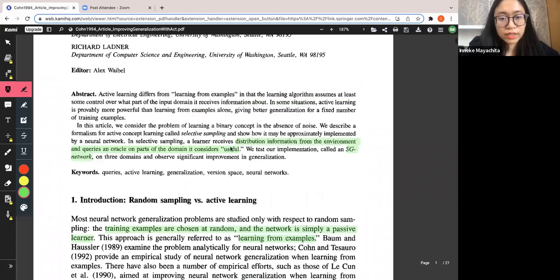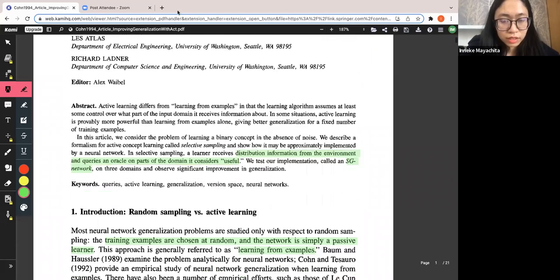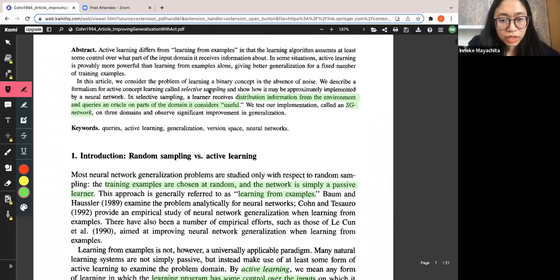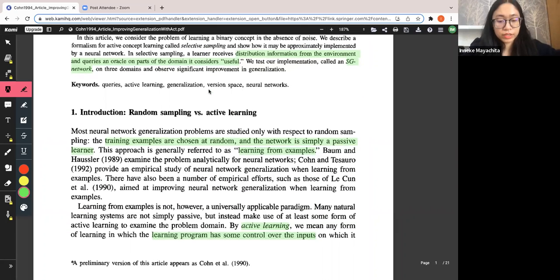First things first, what is active learning? Here they define active learning as any form of learning in which the learning program has some control over the inputs. In other words, it's a training mechanism where we don't simply choose the examples at random, but the goal is efficient learning.